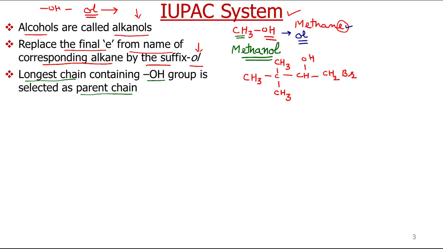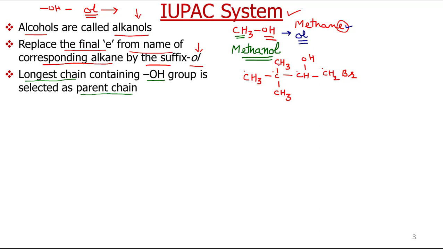So now we have different chains. One chain is this, one chain is this, one chain is this. These chains are almost identical. We have to choose the longest chain which should also contain the OH group. Let us see what can be the longest chain. This chain contains 1 2 3 4 carbons.